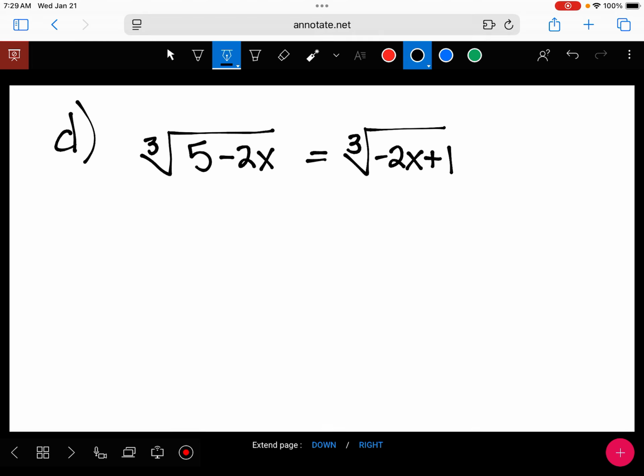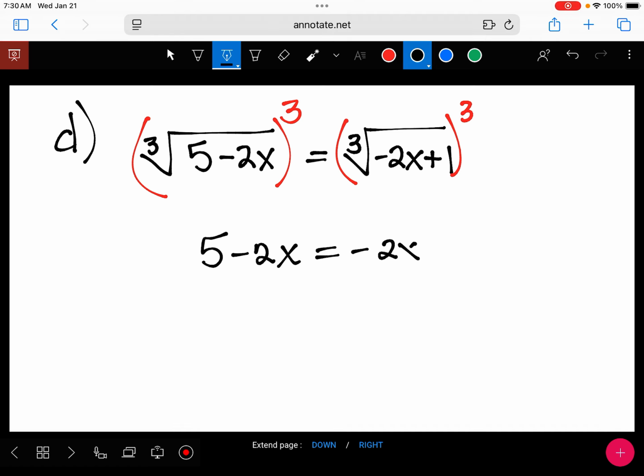And when you do, you eliminate the radical. Why did I raise it to a power of 3 and not to the power of 2? Yeah, because there's a 3 in the elbow. All right, so now we have 5 minus 2x equals negative 2x plus 1. Go ahead and solve that.